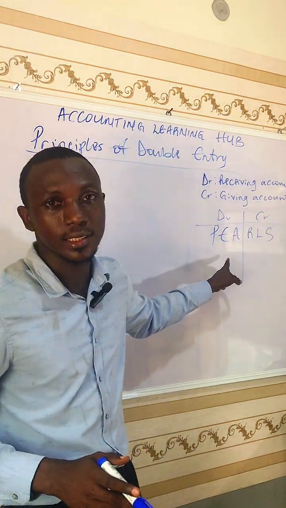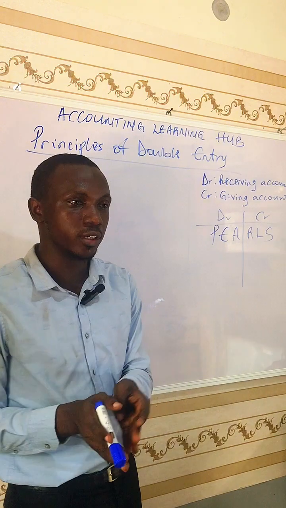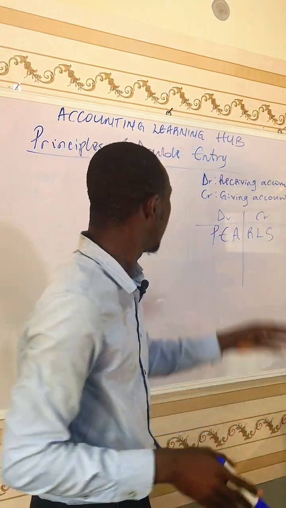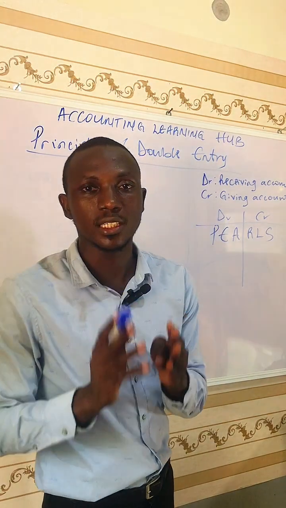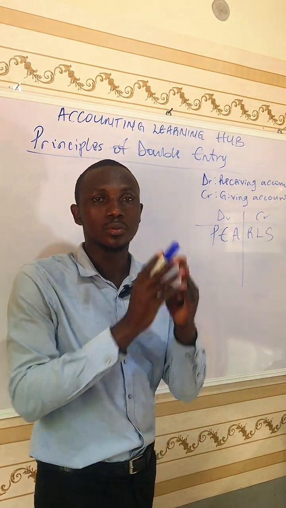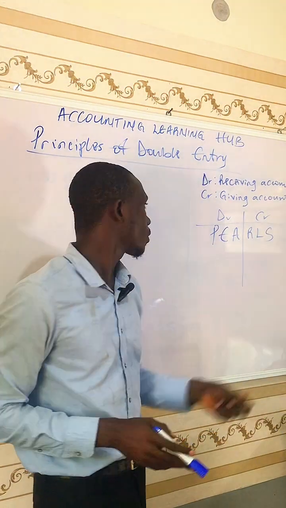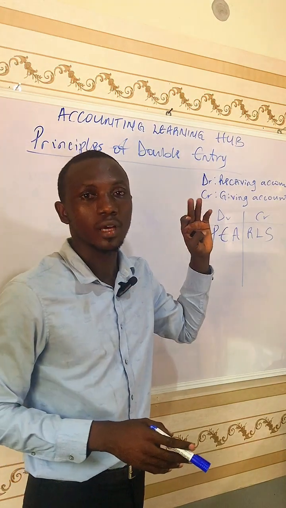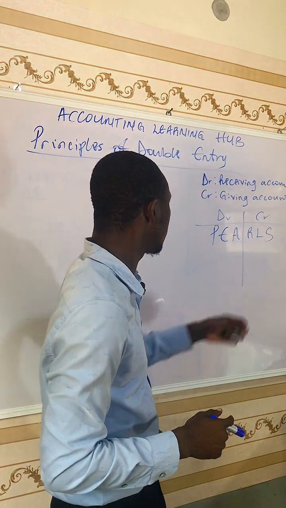Same thing with expenses. If we incur expenses, we have to debit the expenses account. And the last one here is assets. If we purchase assets, we have to debit the asset account. So for all these three, if they increase, we debit the account, and if they reduce, we credit the account.